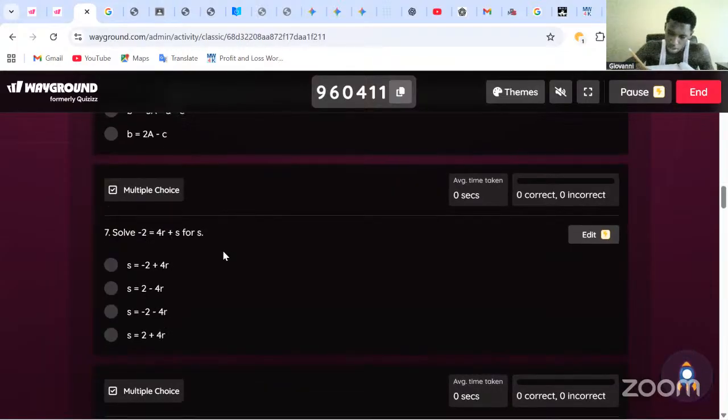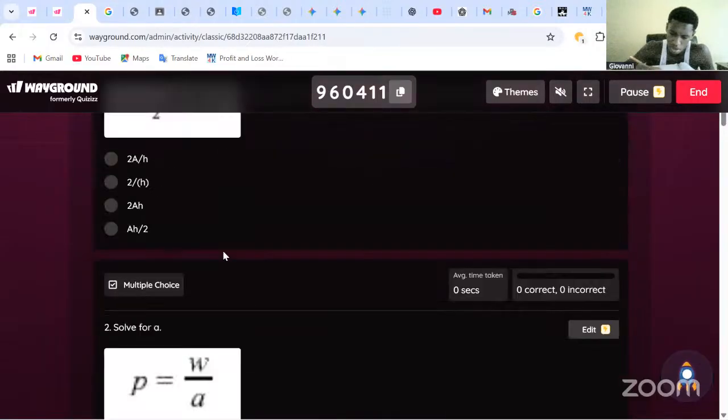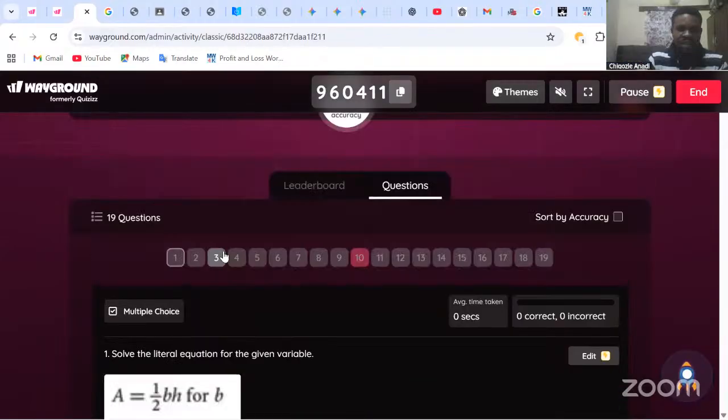You need to be very careful with the operational signs: multiplication, addition, subtraction, and division. You need to be very, very careful when you're using them. Very important.